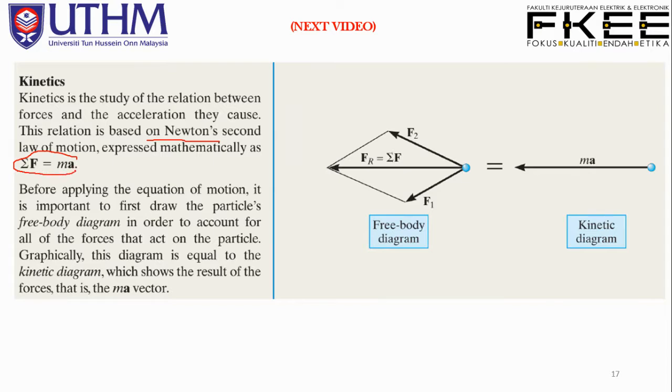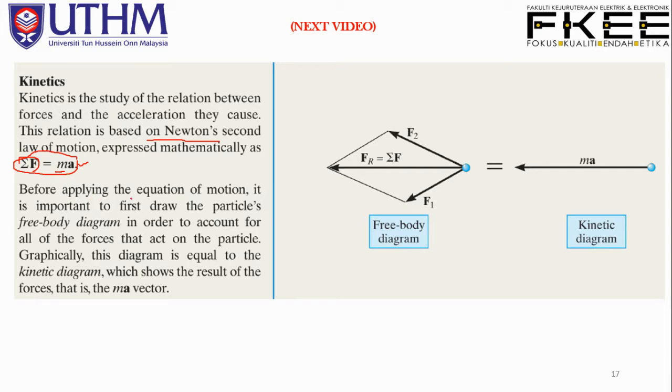If we express it mathematically, the total force is equal to the multiplication between m, the mass, and a, the acceleration. So we can simply say that Newton's second law is F equal to ma.